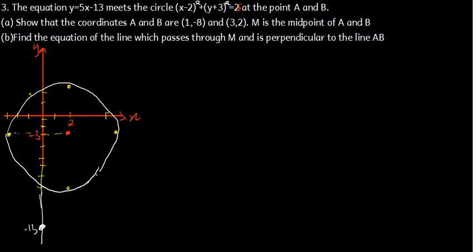Now gradient is found by y over x. So if y is 13, what number should we divide 13 by for us to get a gradient of 5? So we just need where it is going to pass. So 13 divided by x is equal to 2.